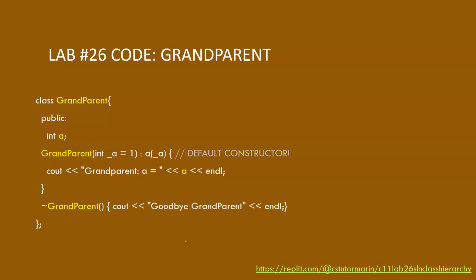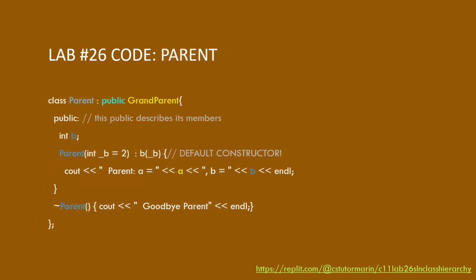It's a little tedious, but every class had our constructor and our destructor there, right? So notice that the parent derives from the grandparent, and the parent is going to initialize its own data member. And notice we're not calling the grandparent's constructor here because it's a default constructor. It gets called by default.